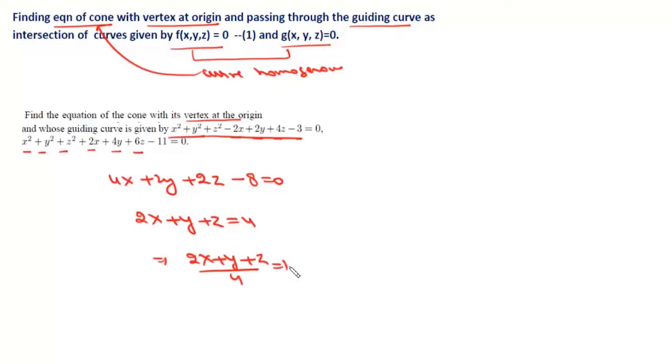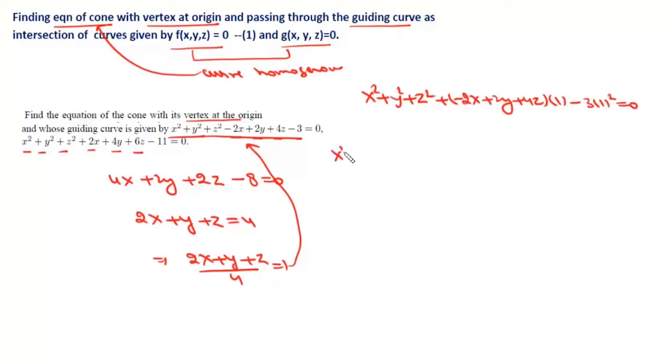Now using this, we can make either of these two curves homogeneous. So we can write this equation as x square plus y square plus z square. Here we already have degree 2, and then plus minus 2x plus 2y plus 4z, and here we need to increase this degree by 1. So it will be multiplied with 1, and then minus 3 into 1 square equals 0.